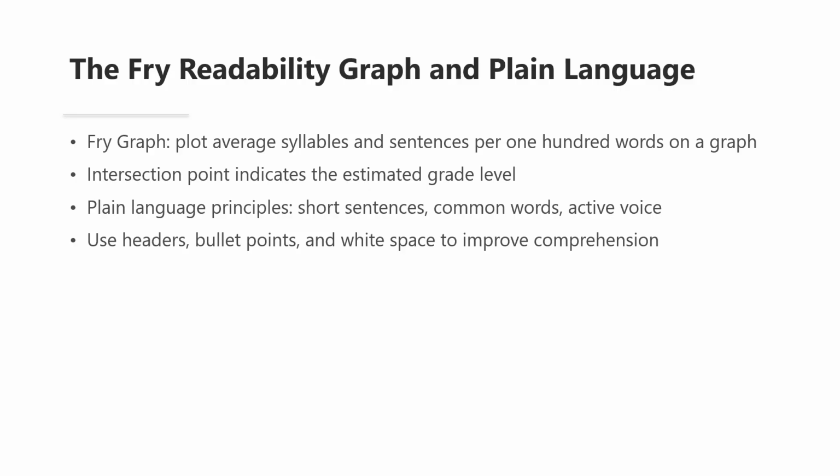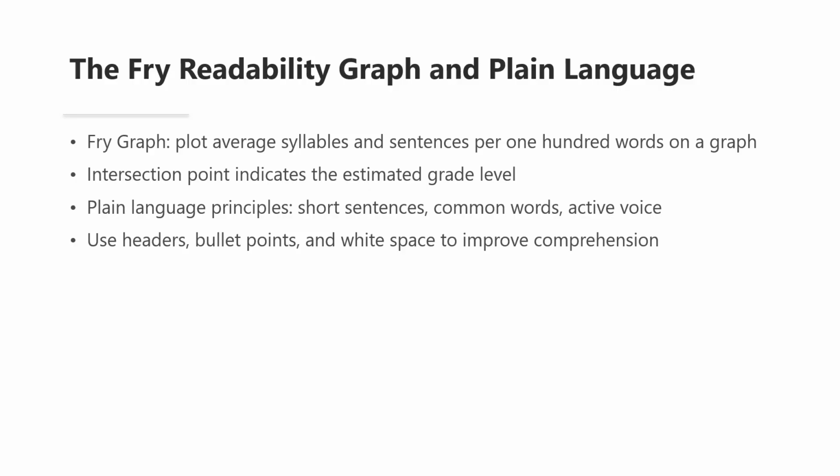Now, beyond formulas, you also need to understand plain language principles, and this is where your work really starts making a difference for your audience. Plain language means writing in a way that your audience can understand the first time they read it. The key strategies include using short sentences of 15 words or fewer, choosing common everyday words instead of medical jargon, writing in active voice rather than passive voice, and organizing content with clear headers, bullet points, and generous white space.